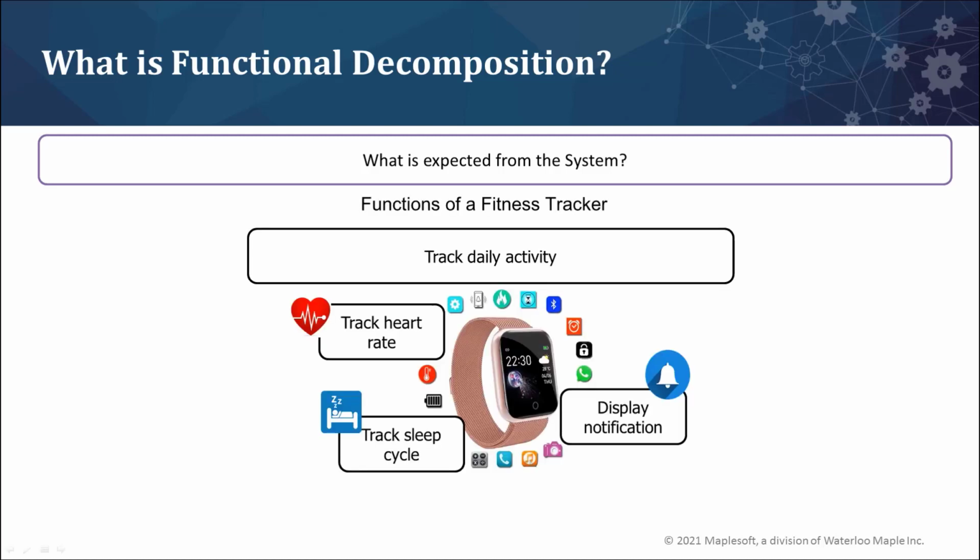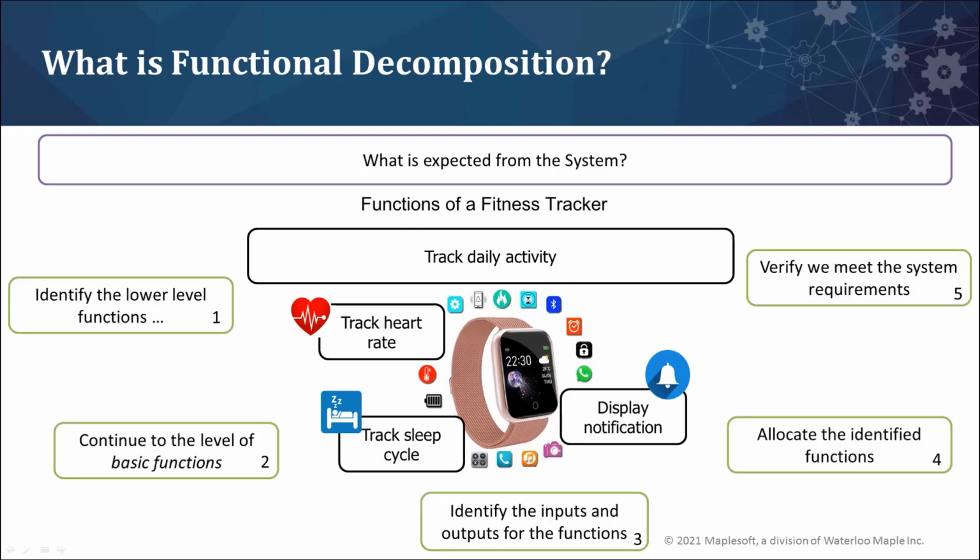So the main function that we expect from a fitness tracker is we want to track our daily activity, like track heart rate, we want to track steps, we want it to display notifications, connect to a smartphone, etc. So the main goal now is we identify a top level function, we then identify the lower level functions. We continue to the level of basic function.